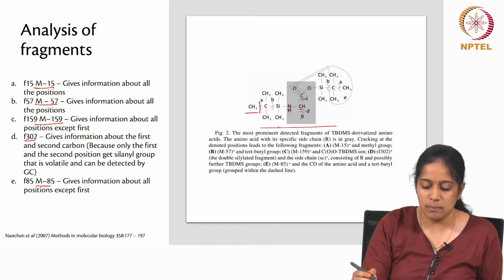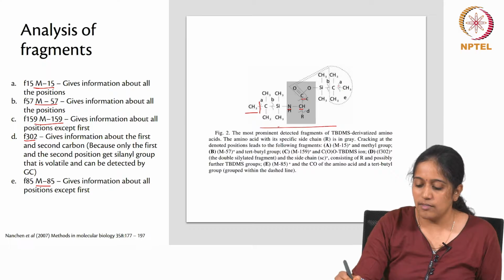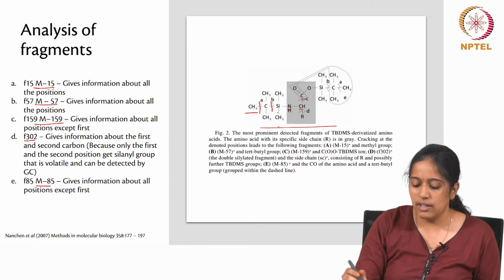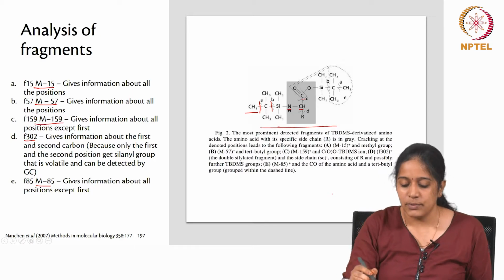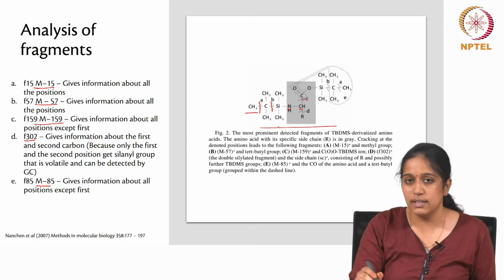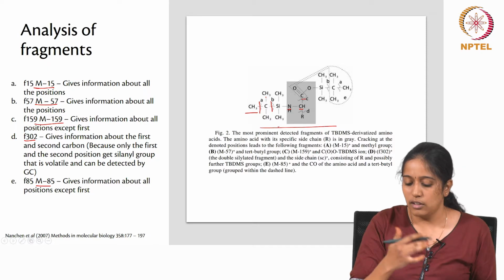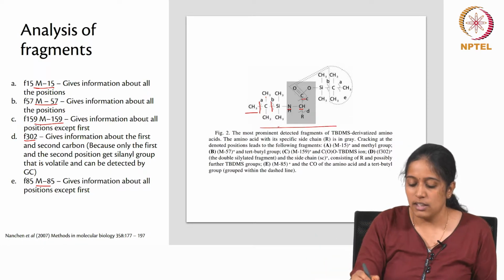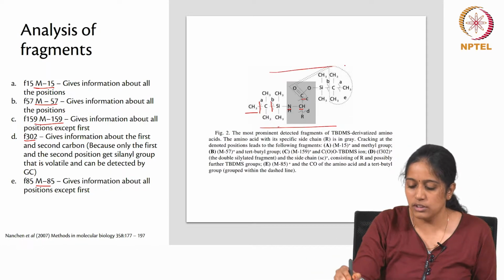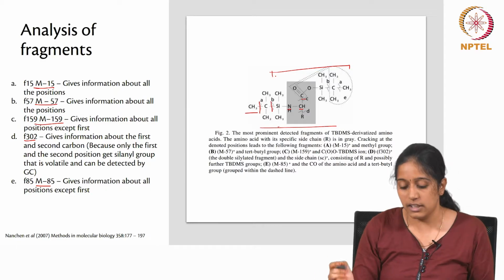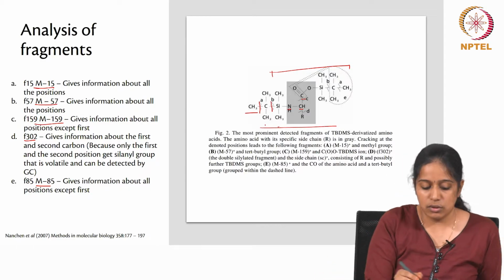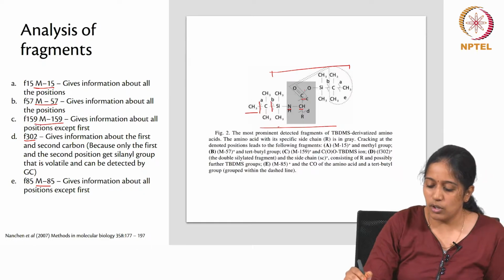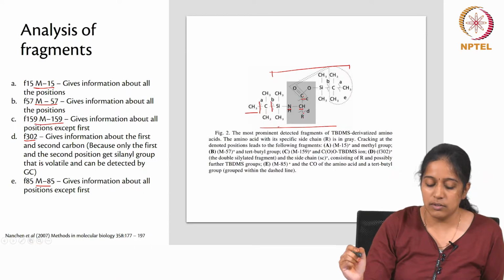The silyl moieties get attached to the active parts of the amino acid. Similarly, if you have the fragmentation at B, the tertiary butyl group gets removed from the entire fragment, and you have this portion which gets detected by the detector, and so you have again the information about all the positions in the amino acid.